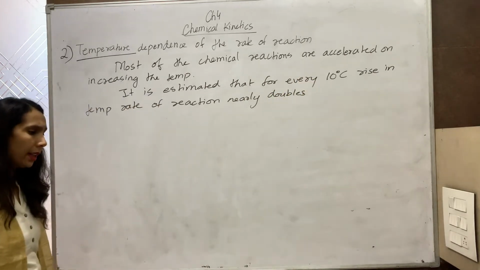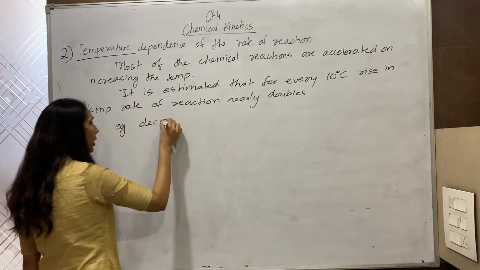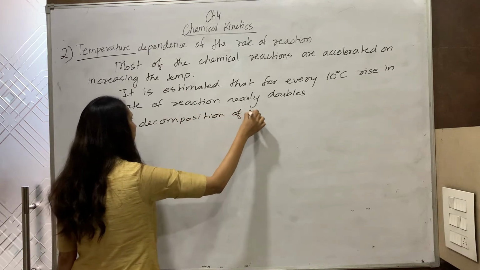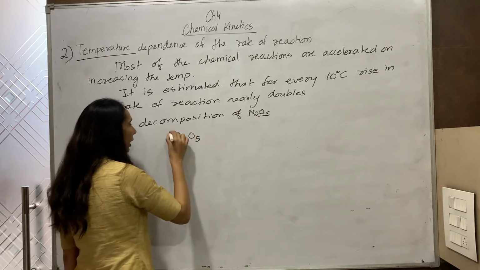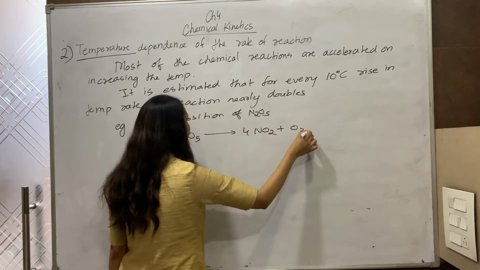To understand it, let us take an example. We consider the decomposition of N2O5 as an example. N2O5 decomposes to give NO2 plus O2.